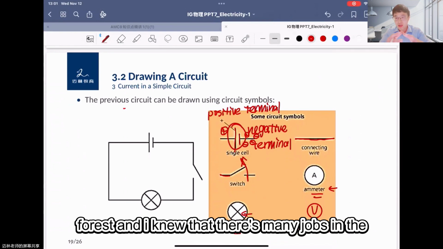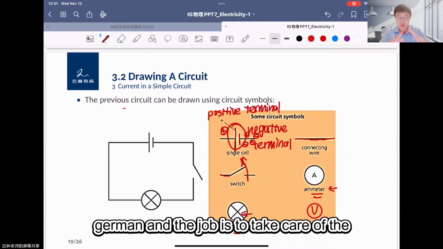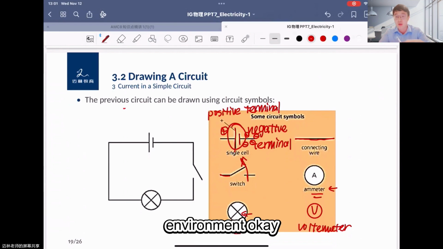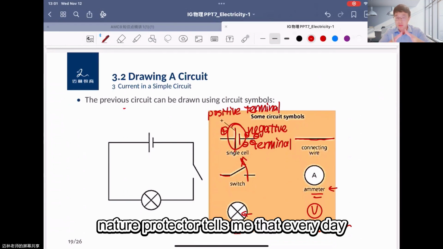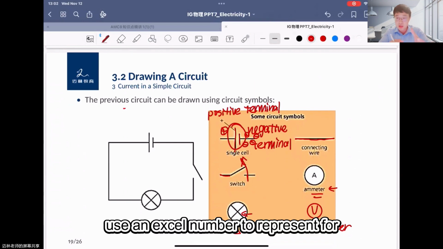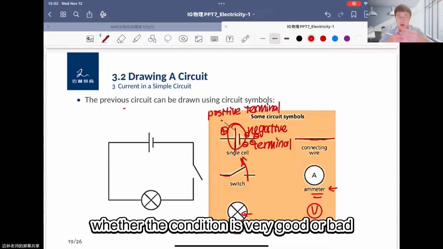There are many jobs in Germany, and one job is to take care of the forest, the natural resources and the natural environment. A nature protector told me that every day their work is to measure the environment conditions, or use a number to represent whether the condition is good or bad.